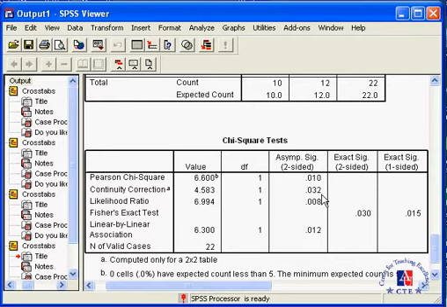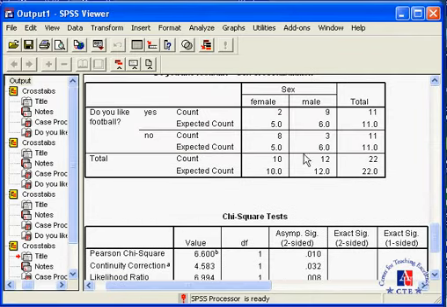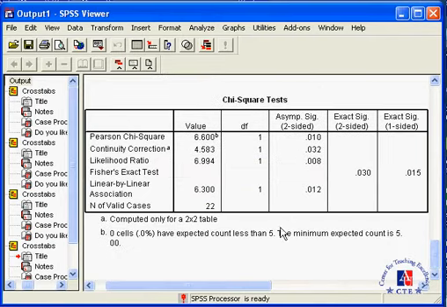If you're dealing with tables that are larger than 2x2, and you have cells with an expected count less than 5, you should not use the chi-square statistic, unless you can collapse cells and thus push up the expected count for each cell. Okay, here you can see the expected count. This is important. In cases like that, the best idea might just be to increase sample size so you don't run into these problems.